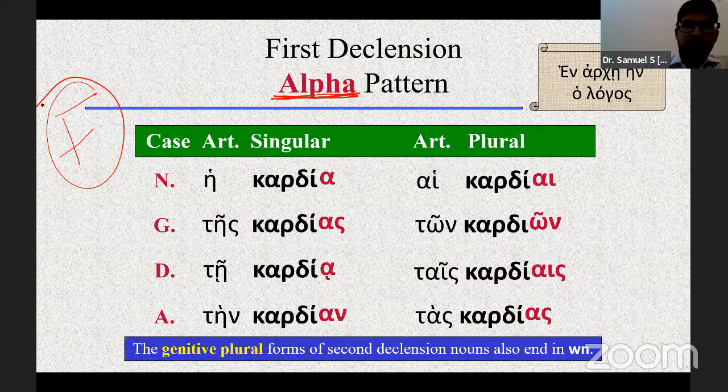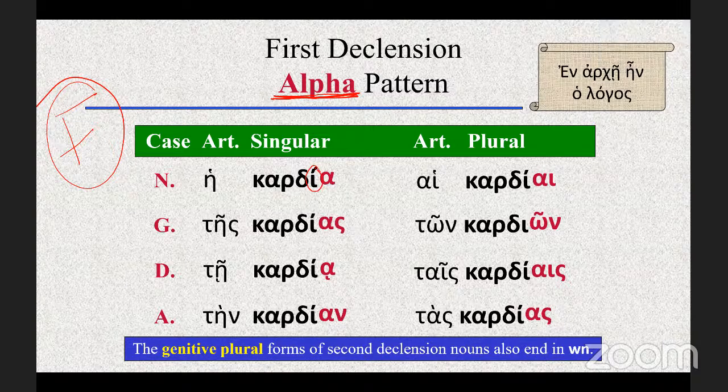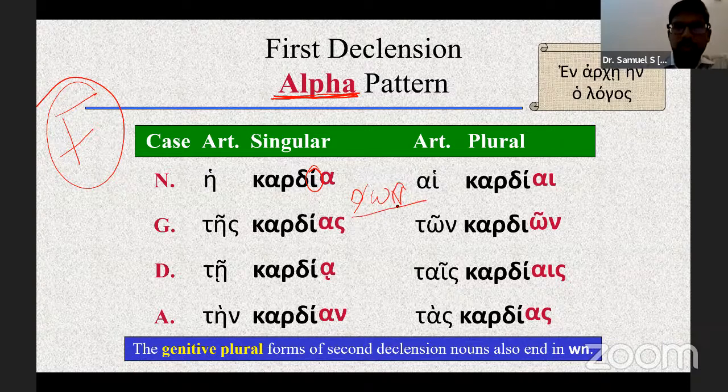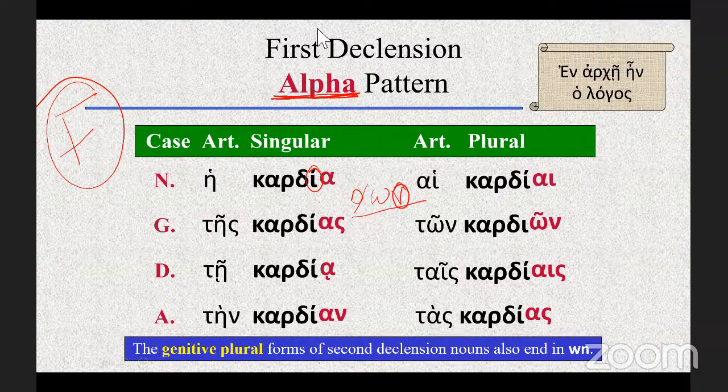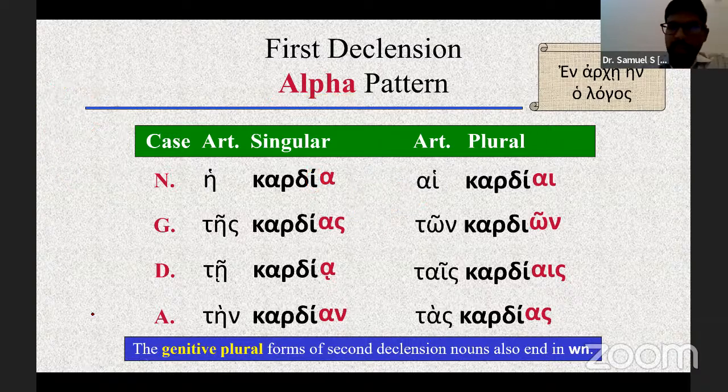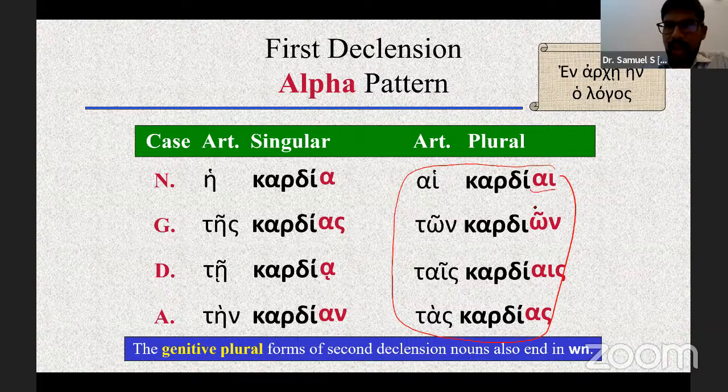The stem here is ending with an alpha, and there it was an eta pattern. So you know why they are in the same group? See the plural endings? Ai, on, ais, as.